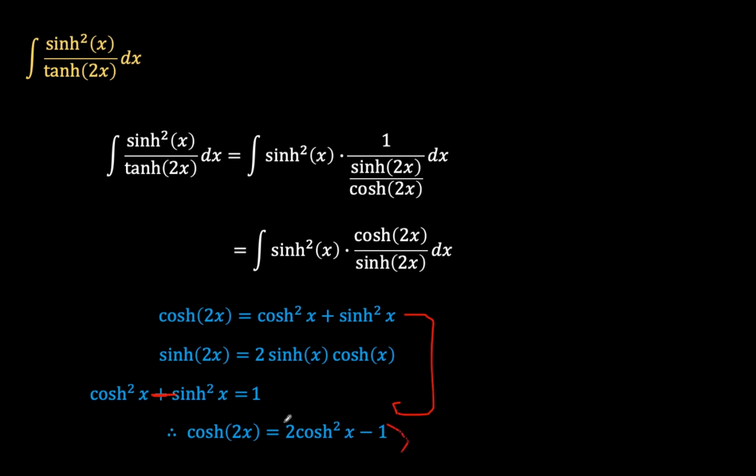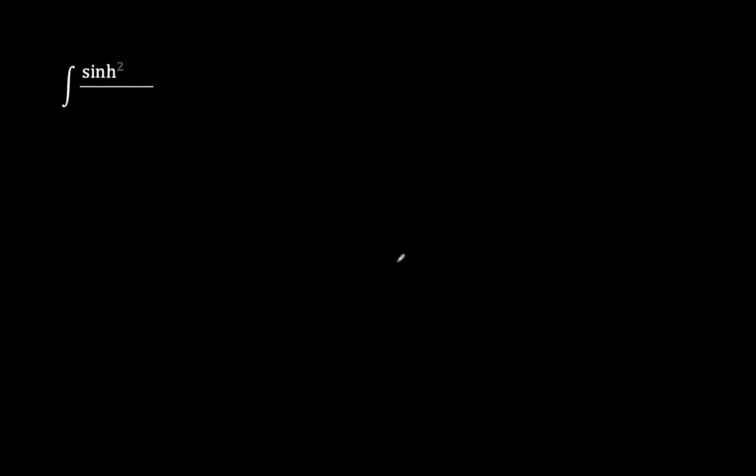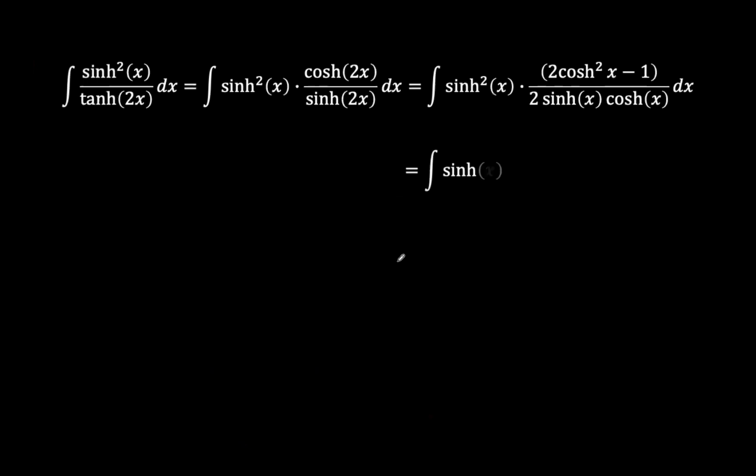So if we take this expression here and substitute for whatever is in the numerator, and then the denominator, hyperbolic sine 2x, is the same as 2 hyperbolic sine x hyperbolic cosine x.